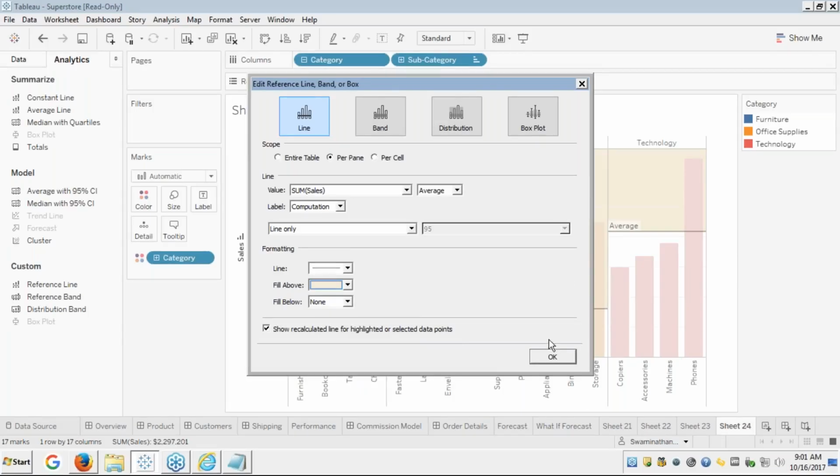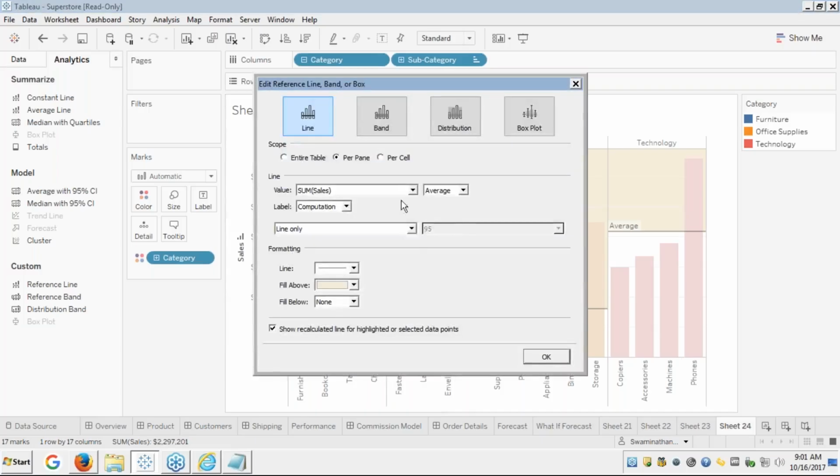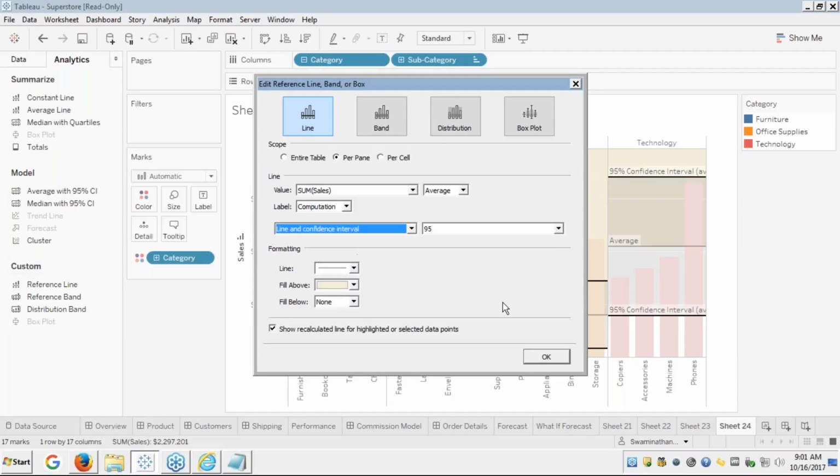And this is basically based on the sum of sales. So average, this one. So the first chart, if you see, this was the chart. So this one, right? Line and confidence interval.